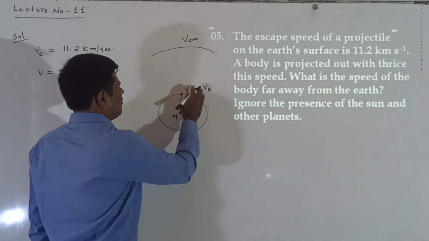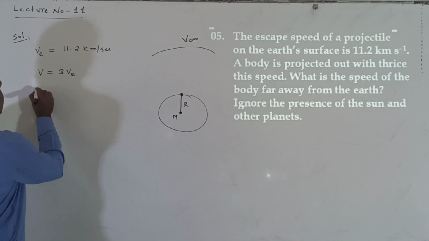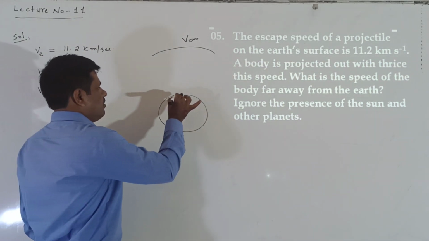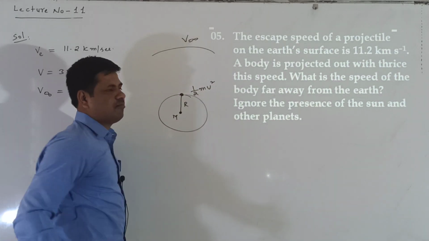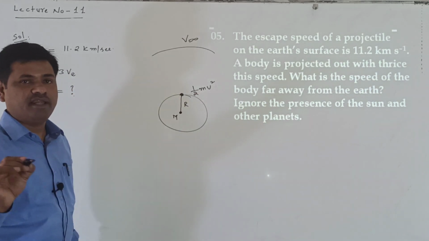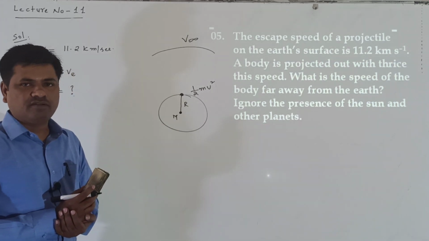First of all, V infinity is asked here. What is the V infinity value? I am writing here. Suppose half mv square kinetic energy is given to the body.